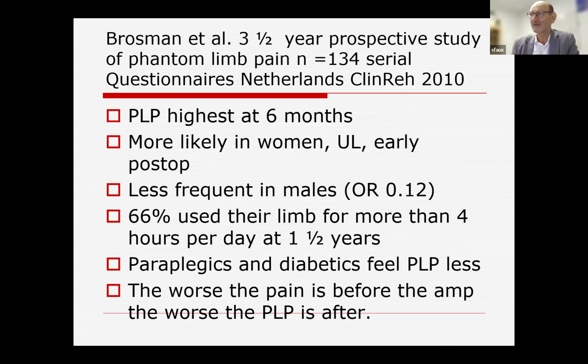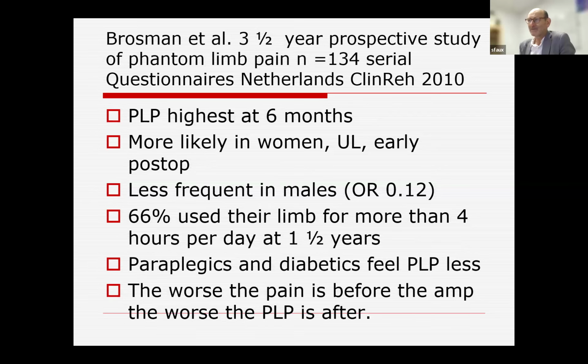Brosman showed that phantom limb pain is most common at about 6 months. It's more likely in women, which is why in the previous slide I said it's not really related to gender. It seems to be more likely in upper limbs or early post-operatively.